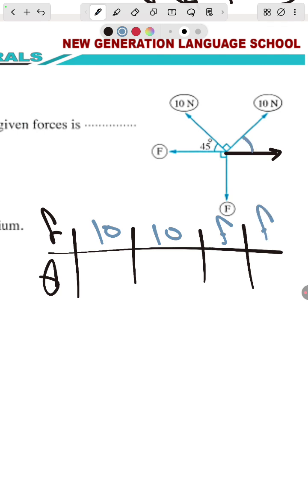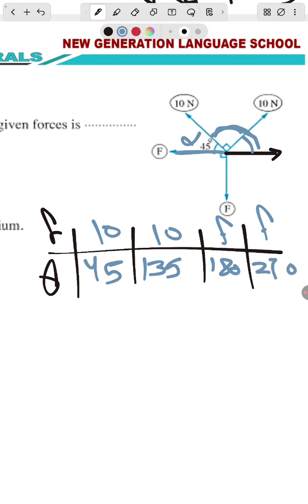The angle between 10 and the horizontal line it will be 180 minus 45 minus 90, it will be 45. And the angle between the second 10 and the horizontal line I draw, it will be 180 minus 45, it will be 135, and F is at 180 degrees, and the last F is at 270, because 180 plus 90 is equal to 270.